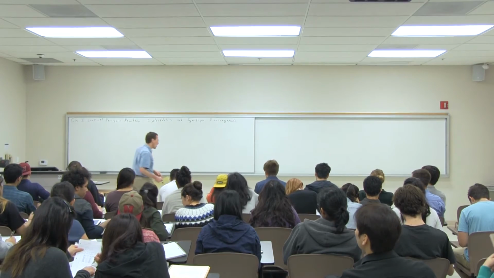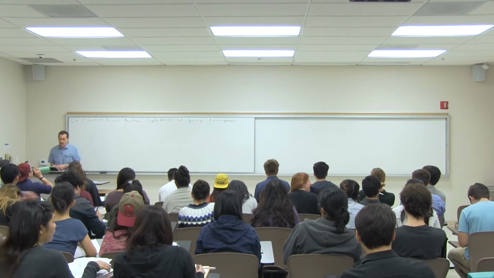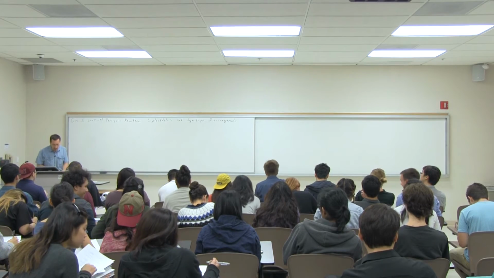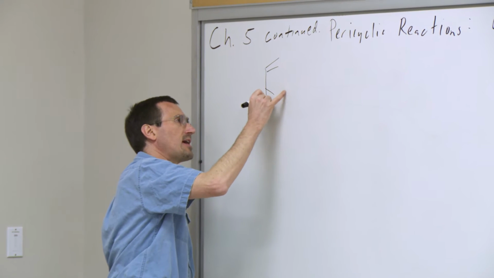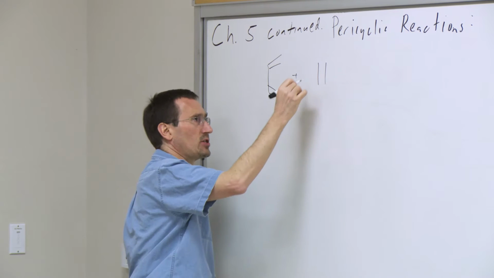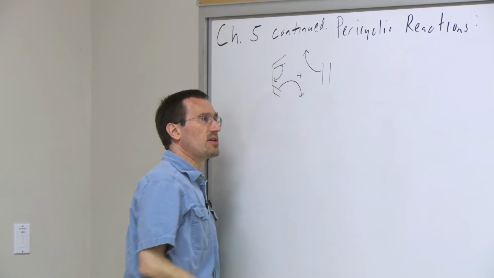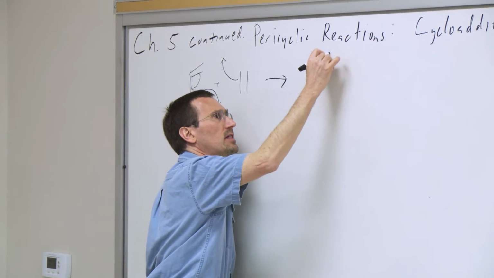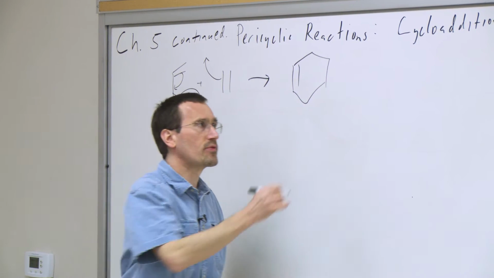So remember, these are all reactions that don't involve intermediates, that involve reorganization of electrons and bonds in the formation of products. When I introduced cycloaddition reactions, I gave us as a classic example the Diels-Alder reaction, the reaction of an alkene with a diene with 6 electrons moving around in a ring to give a 6-membered ring, a cyclohexene product.